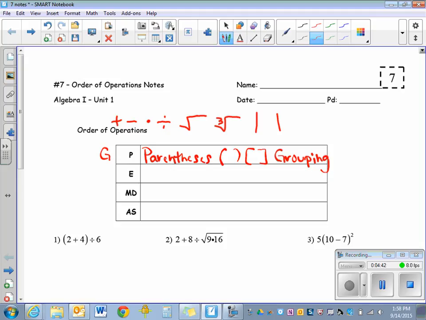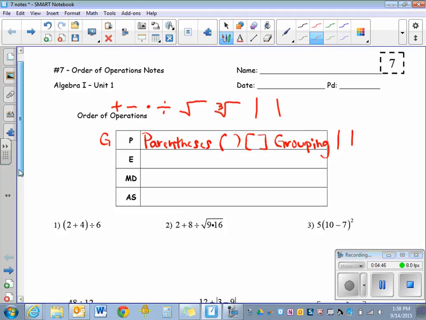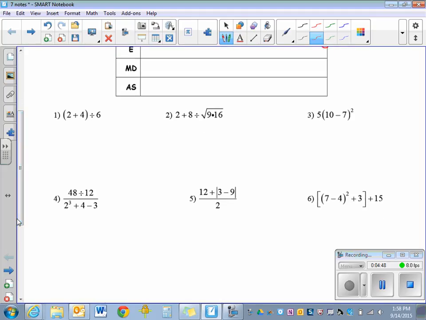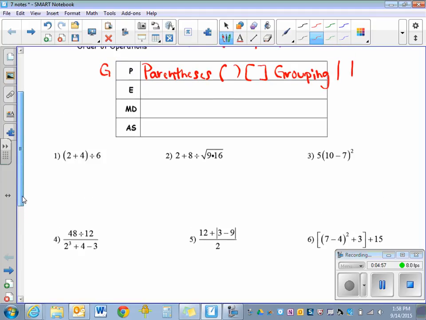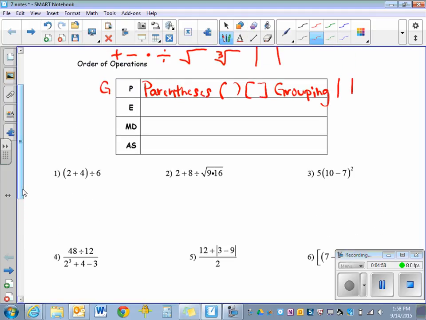Good. Absolute value. As you see in problem 5, we have more than one number combined together within that absolute value. So that groups things together. What's one more thing that groups things together?